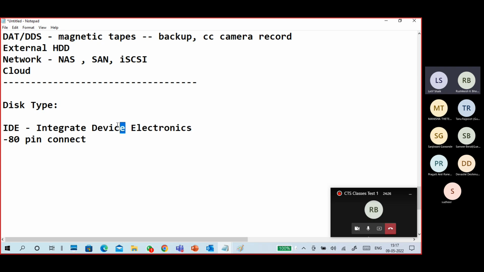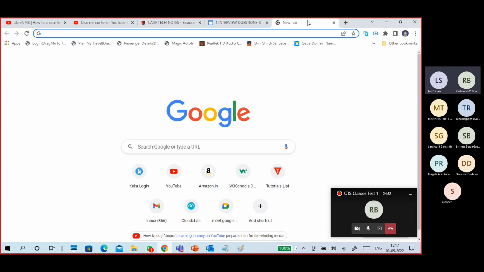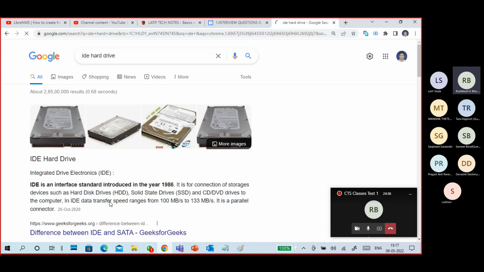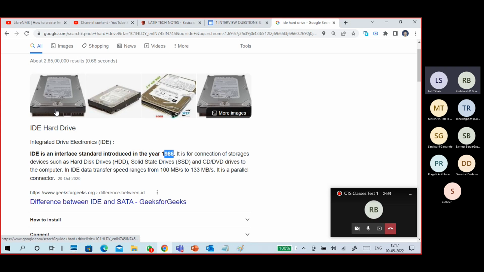If you want to see, when you see IDE, integrated drive electronics, in this manner it is integrated drive electronics, introduced in 1986 only. So it looks like this one.